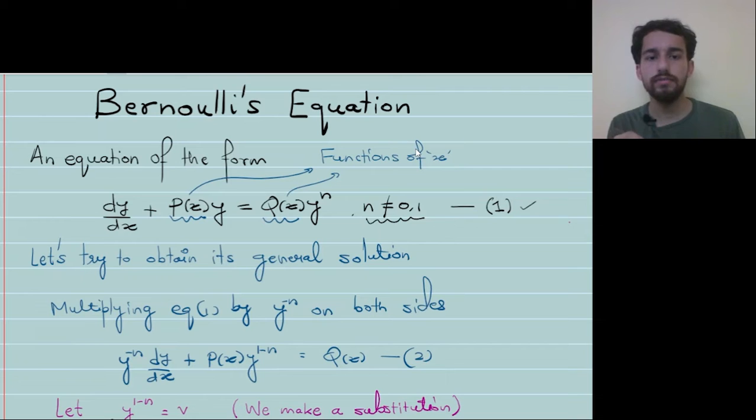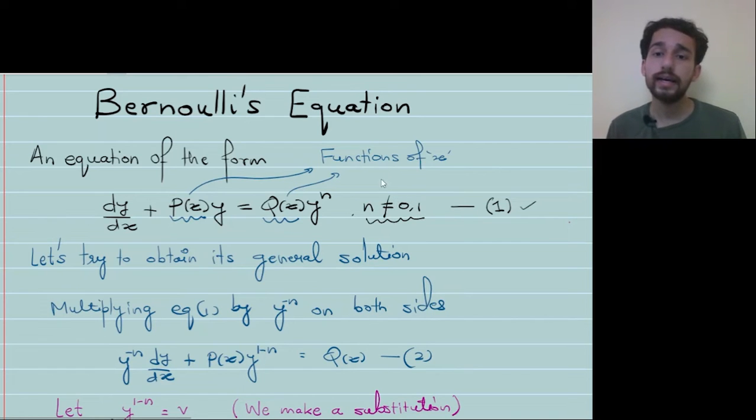For example, p(x) may be x square, p(x) may be exponential of x, p(x) may be log x, any function of x, similarly q(x), and they may be constant also, p(x) equal to 1, p(x) equal to minus 1, half, like that. Here try to observe that this n cannot be equal to 0 or 1.